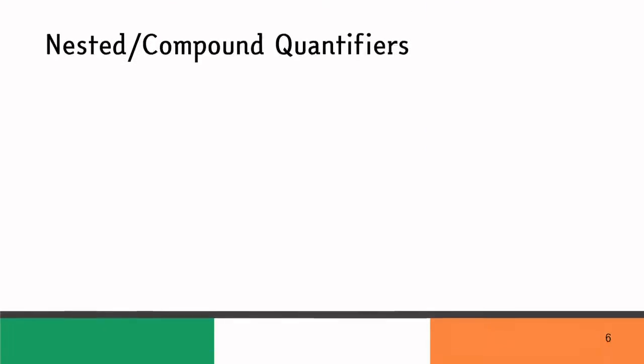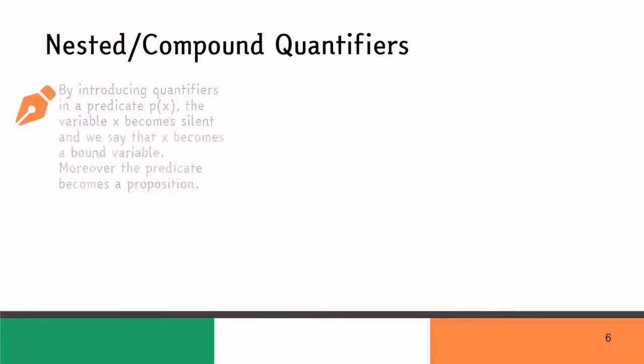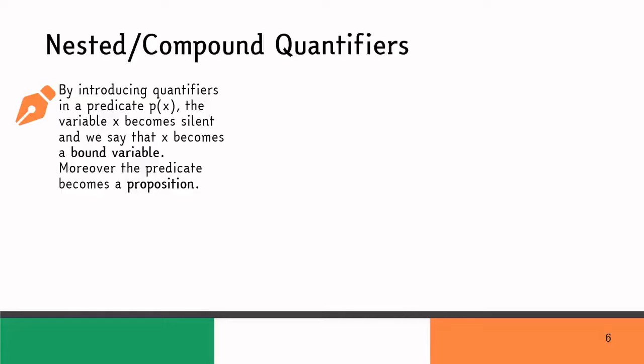If we consider a predicate p of x and introduce quantifiers to it, then we say that variable x becomes silent or bound. Moreover, the predicate becomes a proposition.